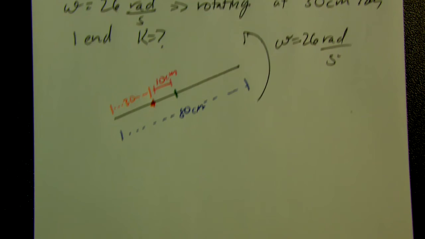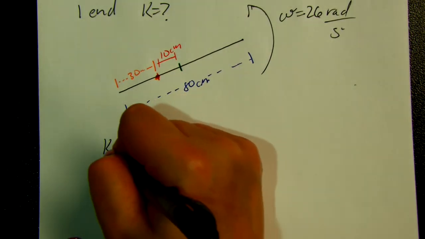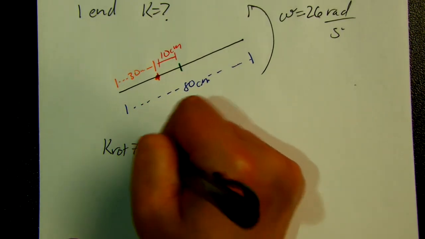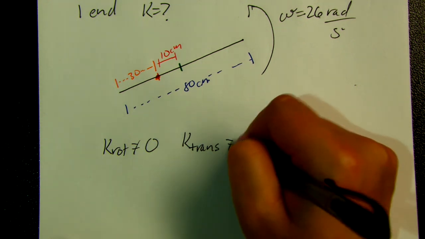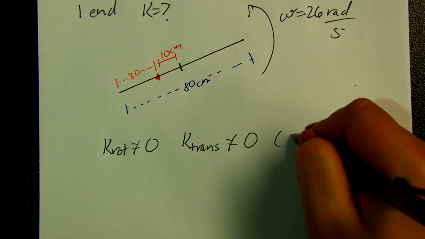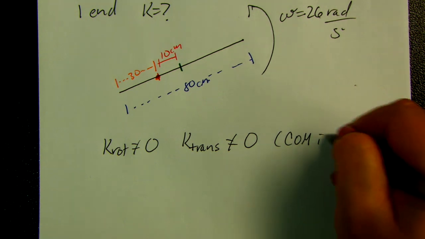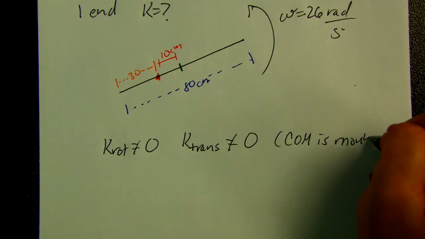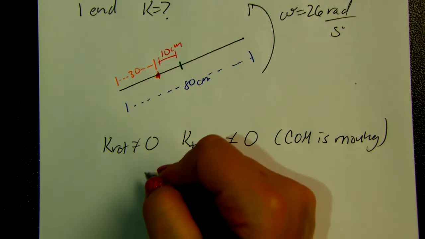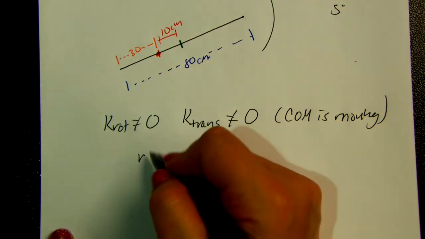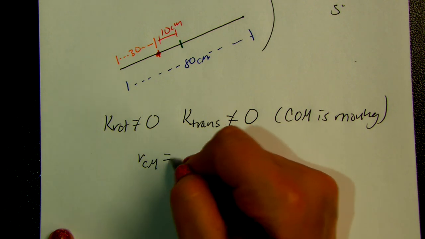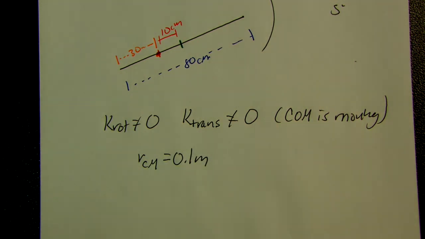Okay, so K rotational is clearly not zero, and K translational is also not zero. The center of mass is moving. And RCM, the distance from the point about which it is moving, is 10 centimeters, or 0.1 meters.